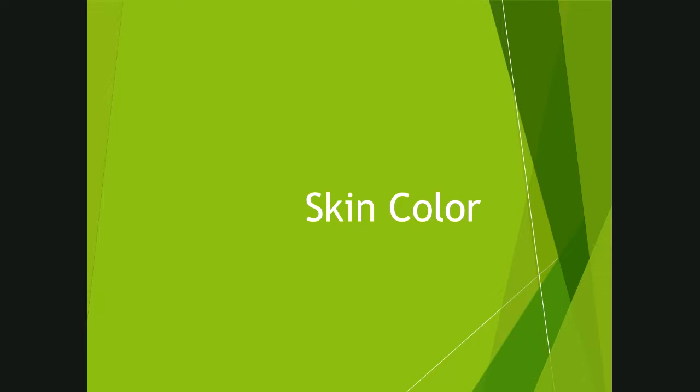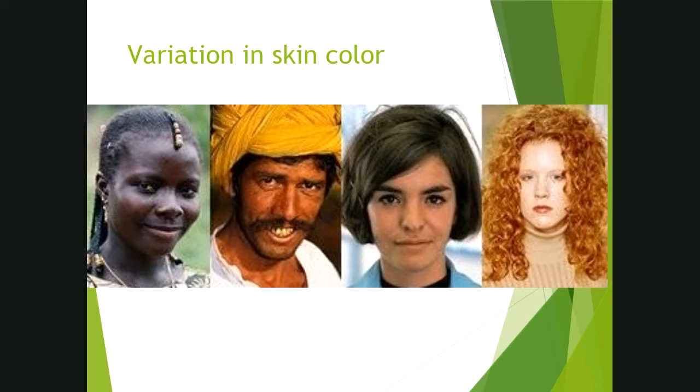So today we're going to continue talking about the integument. And what I want to start with is skin color. If you look at the people of the planet, there's a huge variation in skin color. If you look over here at this person, you can see that her skin is really, really dark.